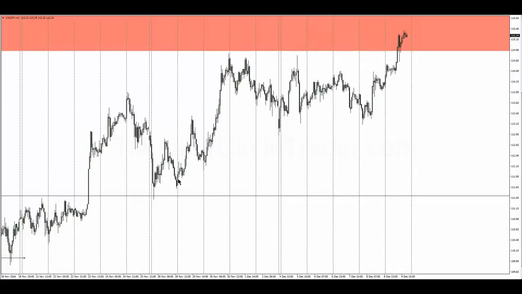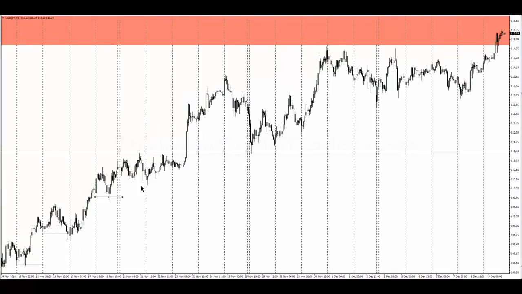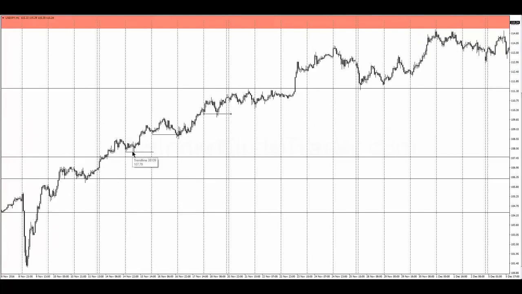Nice buying opportunity here. Definitely a Wednesday buy in the previous order block here. Nice buy on Tuesday here on this week. Nice buy on Tuesday here and on Thursday.